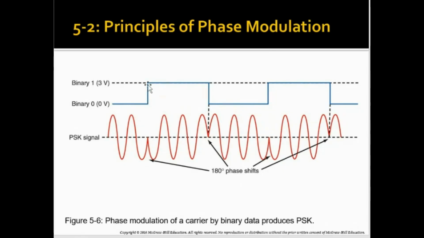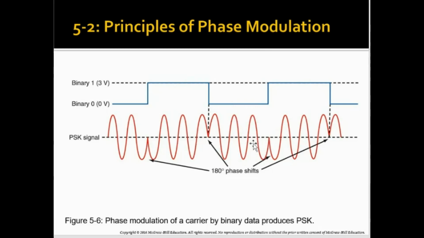At the transition from low voltage to high voltage in your modulating signal, there is a sudden change of 180 degrees in phase. Your carrier changes phase and then continues with the same frequency and phase until it reaches the next transition. There is another 180 degree phase shift.